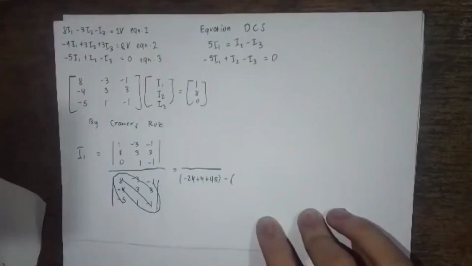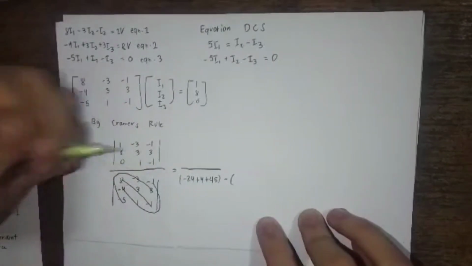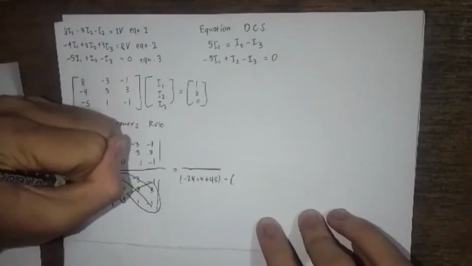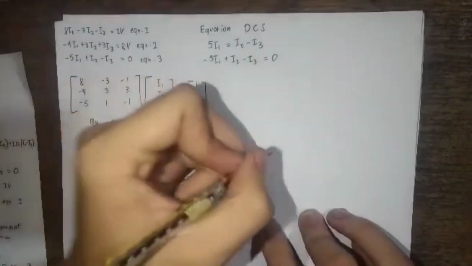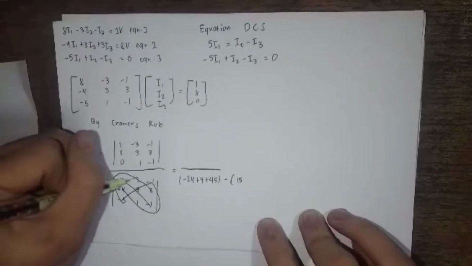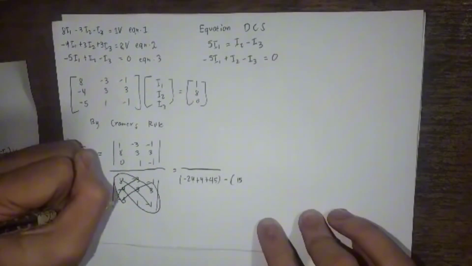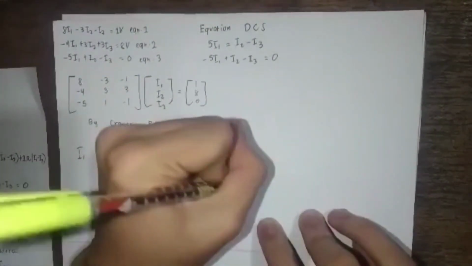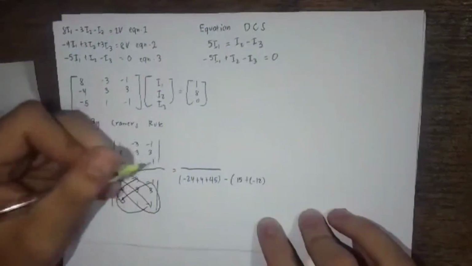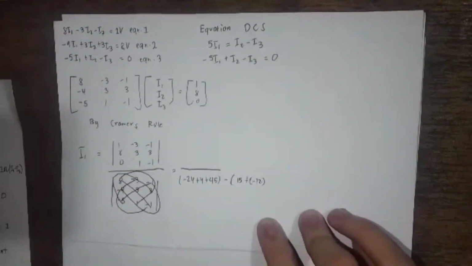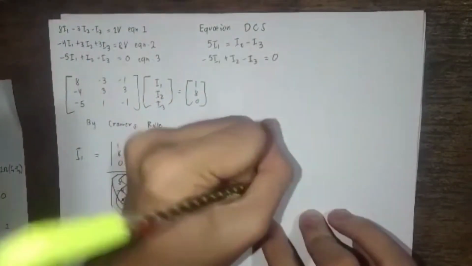Minus its counterpart: negative 1 times 3 times negative 5, which equals 15. Next is negative 3 times negative 4 times negative 1, which is negative 12. Lastly is 1 times 3 times 8, which is 24.